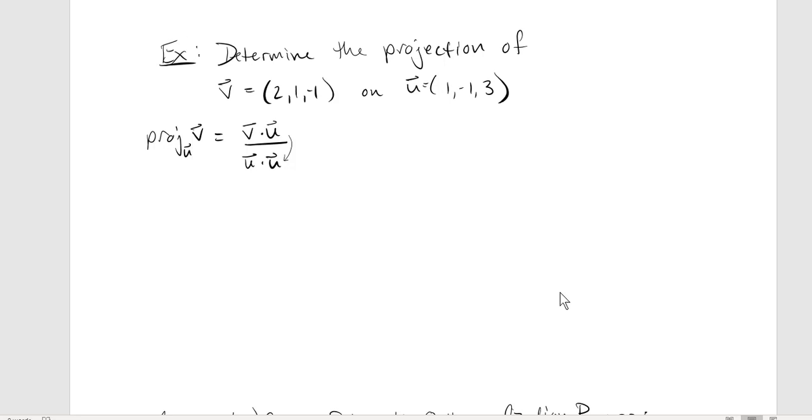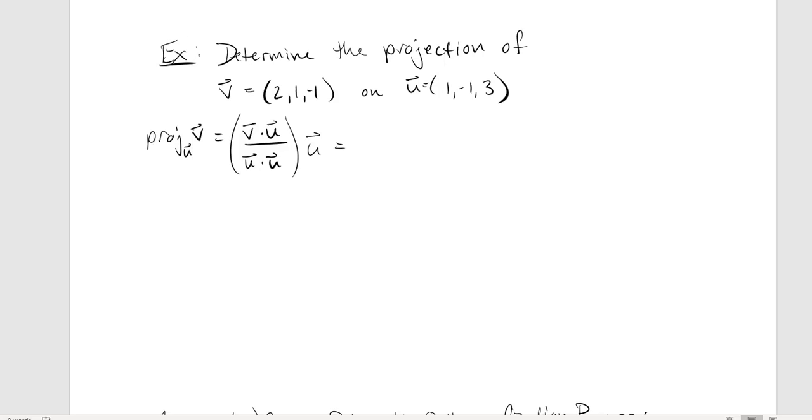You can remember that's what we are on top of, right? What we're projecting onto. It's in the denominator, so we're on top of it. Okay. So v dot u over u dot u multiplied by u just equals, we'll compute this out.